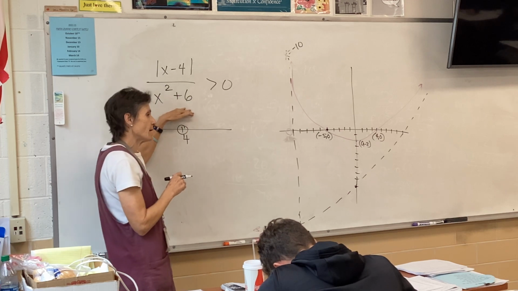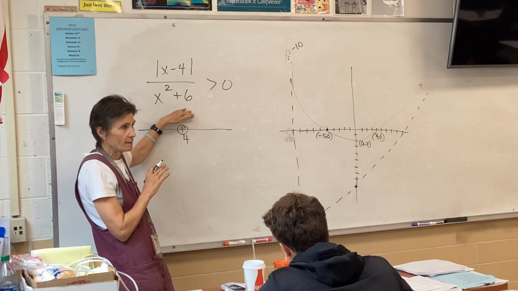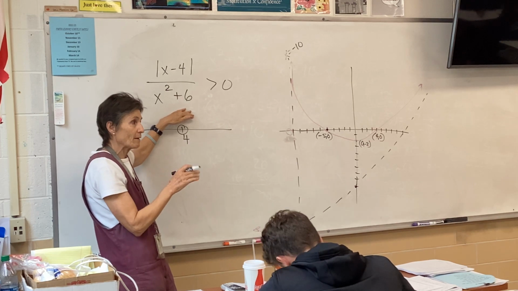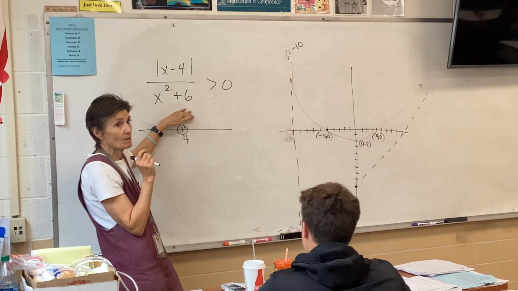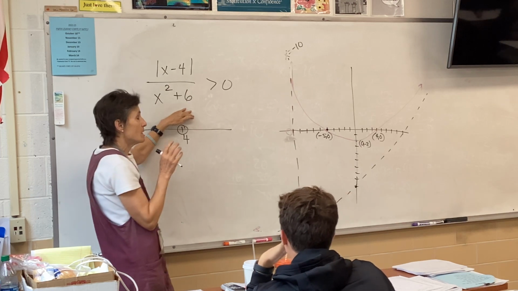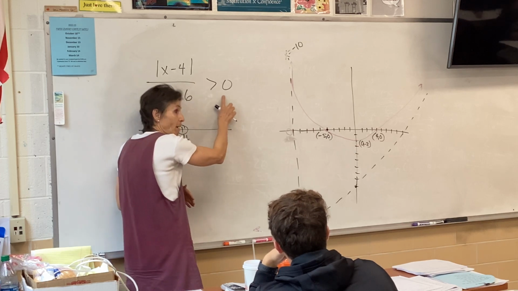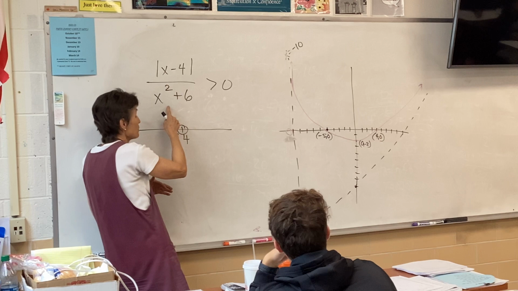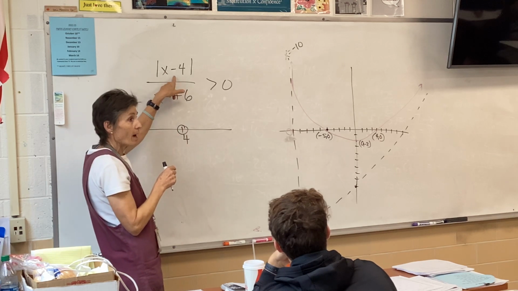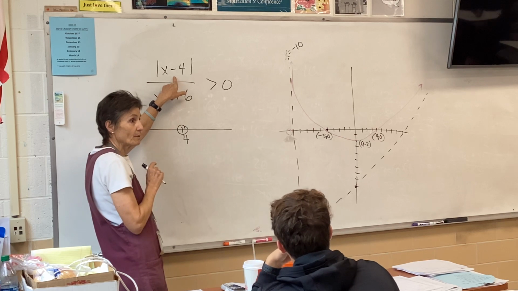Now, will my denominator ever equal 0 in real number land? No. So I don't need to worry about that, but normally I would. Normally I would have to worry about my denominator being 0, but not this time. Now, I want this fraction to be positive. Well, I want you to look at your top and your bottom. Isn't the top always positive? Except when x is 4, which I've already ruled out.